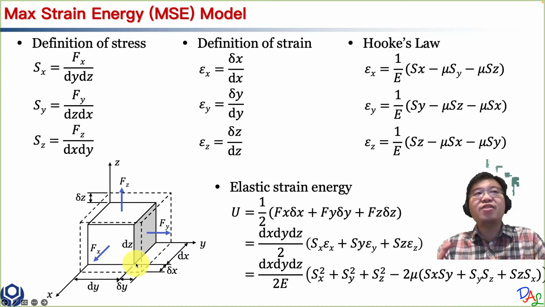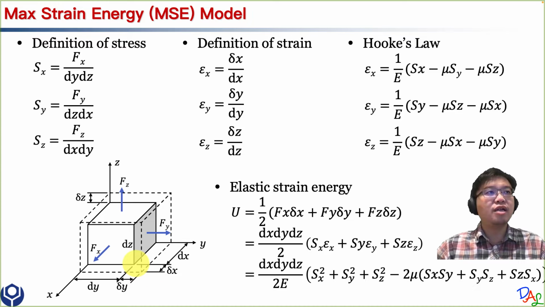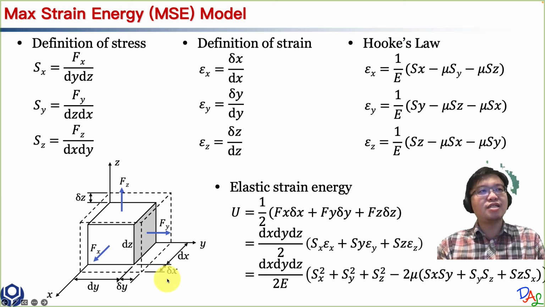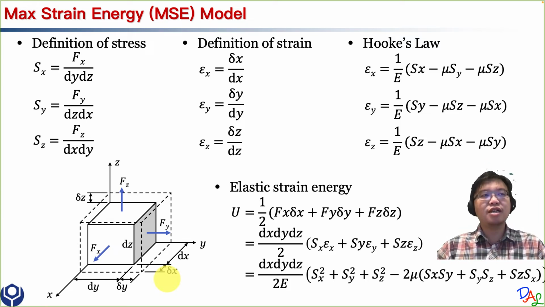It was lengthened a little bit, and we don't use d anymore, we use the delta. So delta x is much smaller than dx. It's a even smaller dimension than dx. It's the deformation caused by fx.